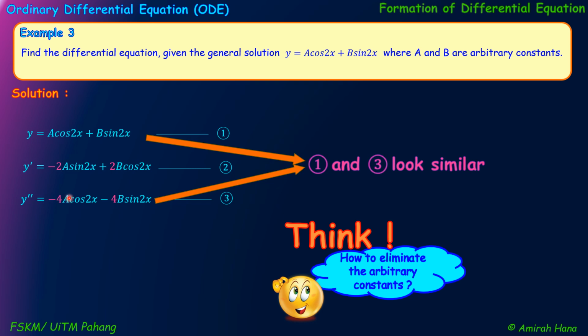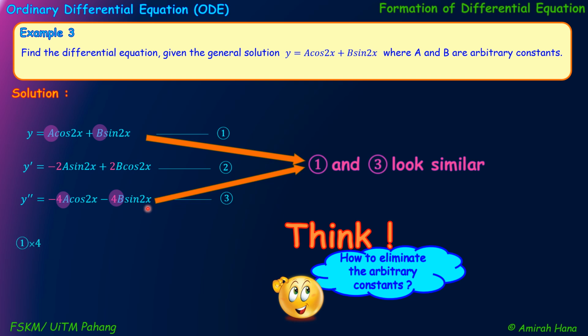But equation 1 and equation 3 look similar, so we can eliminate using equation 1 and equation 3. From equation 1, we have a beside cos 2x, and from equation 3, we have negative 4a beside cos 2x. From equation 1, we have b beside sin 2x, and from equation 3, we have negative 4b beside sin 2x.